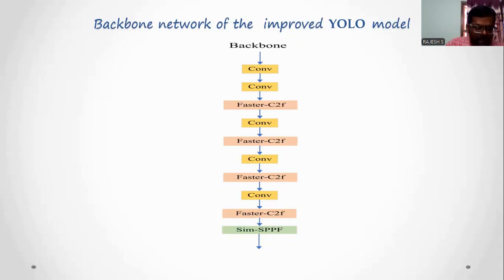It collects information from different scales: information from small objects, medium objects, and large objects. It helps the model understand objects of any size. This block gathers all details together before sending them.